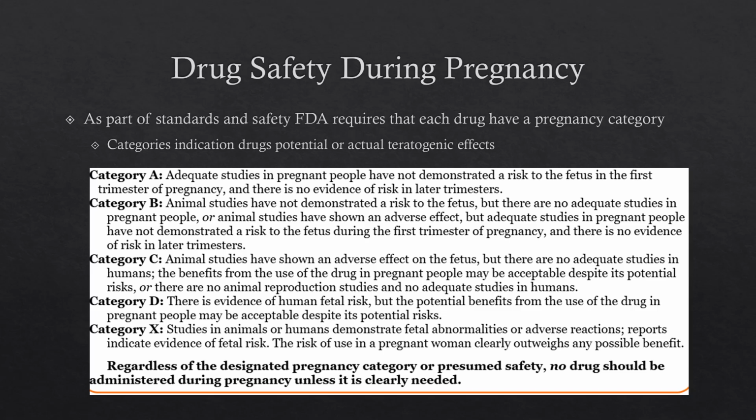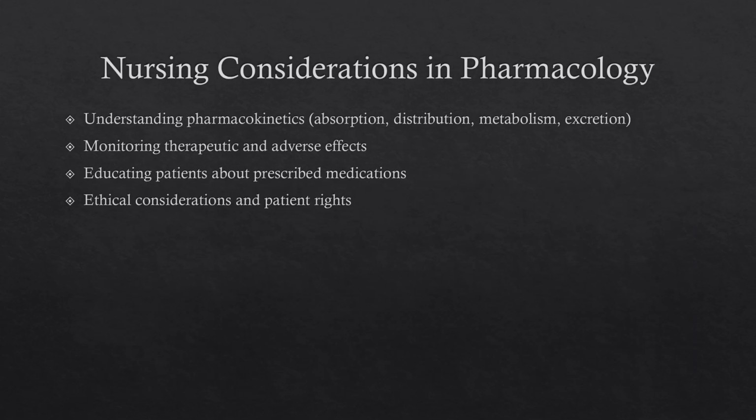And a good thing to remember is regardless of the designated pregnancy category or presumed safety, we really don't want to give drugs unless it is very much needed, just because there's always risk with any type of medication in the fetus.